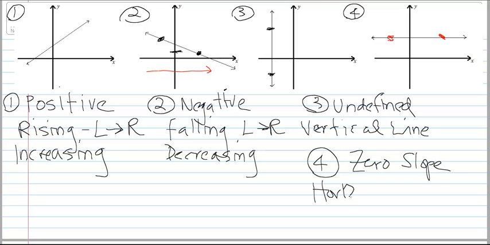Anytime you have a horizontal line, you have what is called a zero slope. No rise in the line. And we say that that slope is actually zero. And again, numerically, we'll take a look at each of these examples, and you'll see why this one turns out to be zero versus the other one turning out to be undefined.